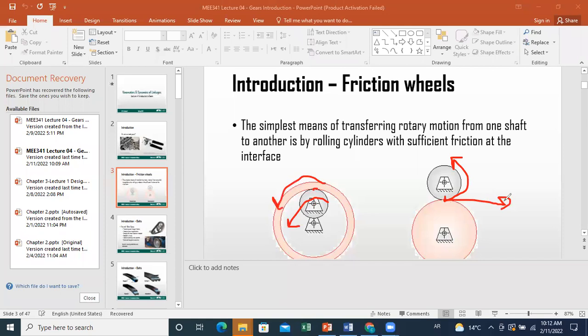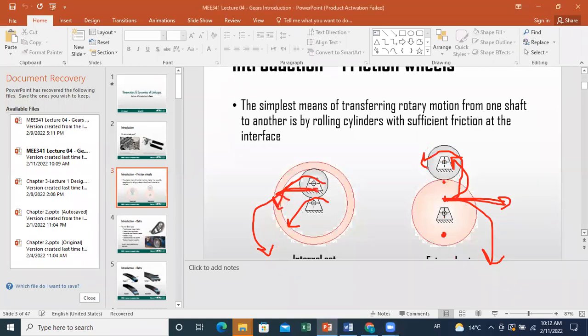And this force here will produce about this point a couple in the counterclockwise direction. However, it will produce about this point a clockwise couple. Now, if you consider here, for both, if you have a transmitted force like this, it will produce a rotation into the counterclockwise direction. So we say that we have internal and external configurations.